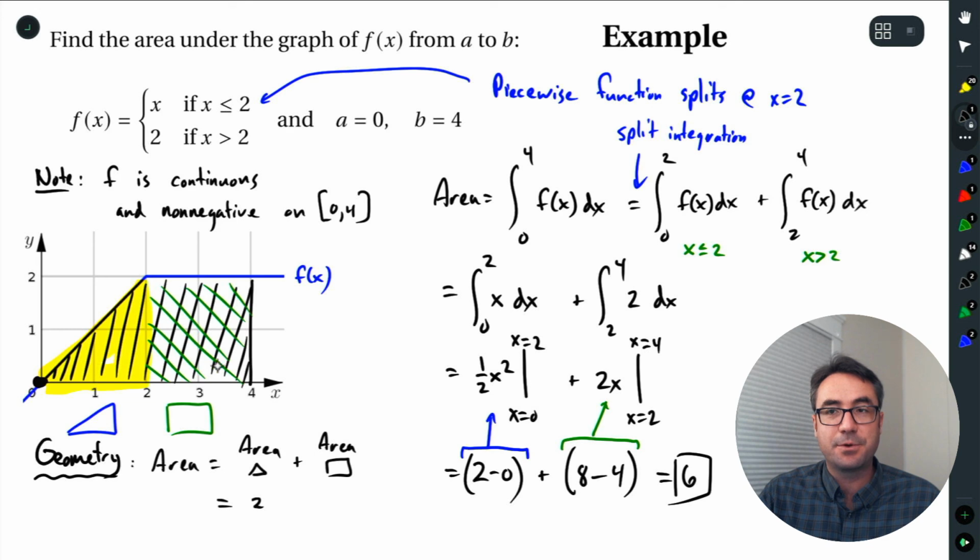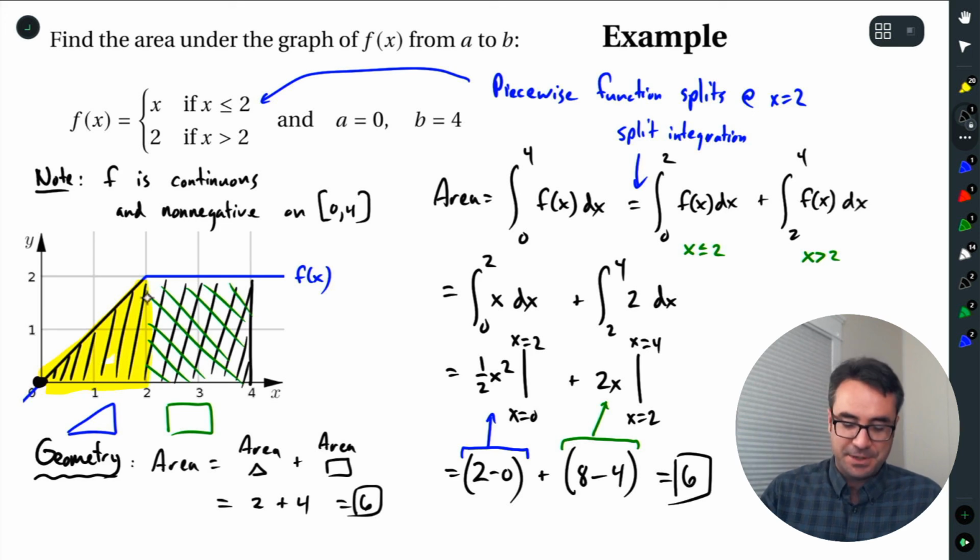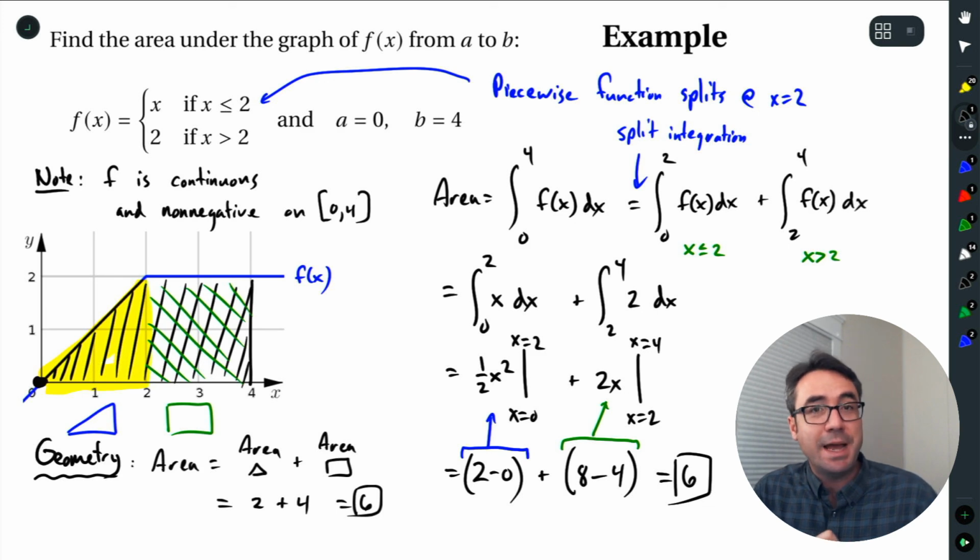We'll just count up the number of squares inside. So there's 1 square right here, there's 2 squares, there's 3 squares, there's 4. So the area of that rectangle is 4. And so you end up with the same calculation, 6. Same value there. So sometimes if the shapes aren't too bad, you might be able to use a little geometry and calculate the areas that way.